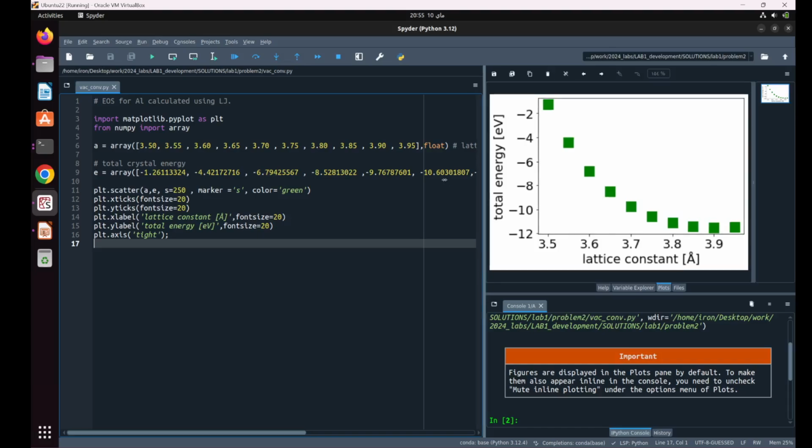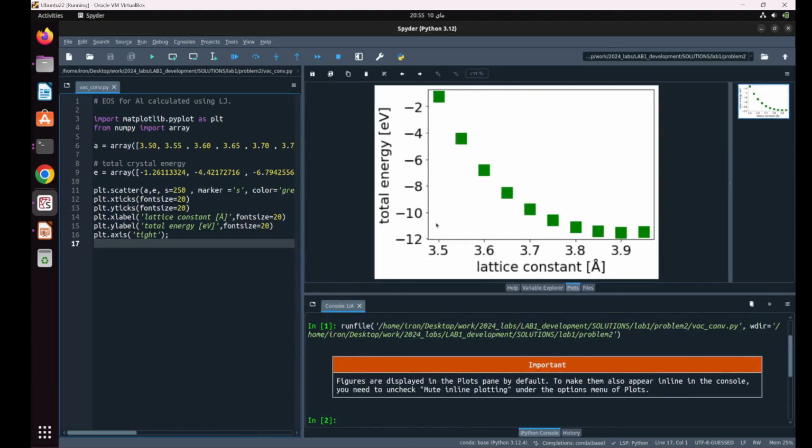That's the total energy of the crystal in electron volt versus lattice constant in angstrom. And as you see, it seems we surveyed a lot of the compressive zone. Meanwhile, in the tensile zone, there is only a small part here. And by eye, this square here at 3.9 represents the lowest energy, right?